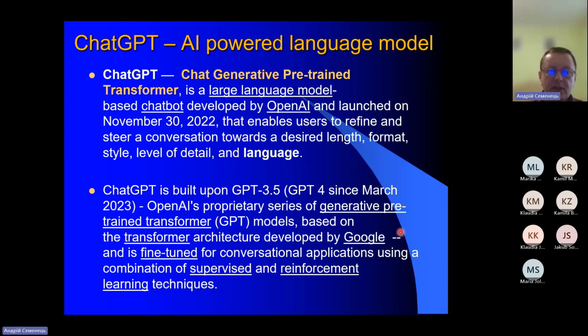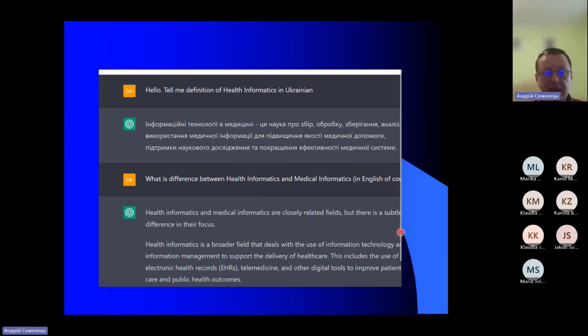It calls itself a large language model and chatbot, whose main features are analysis of text input, or even voice recognition in the recent version, and providing language constructions based on that input.